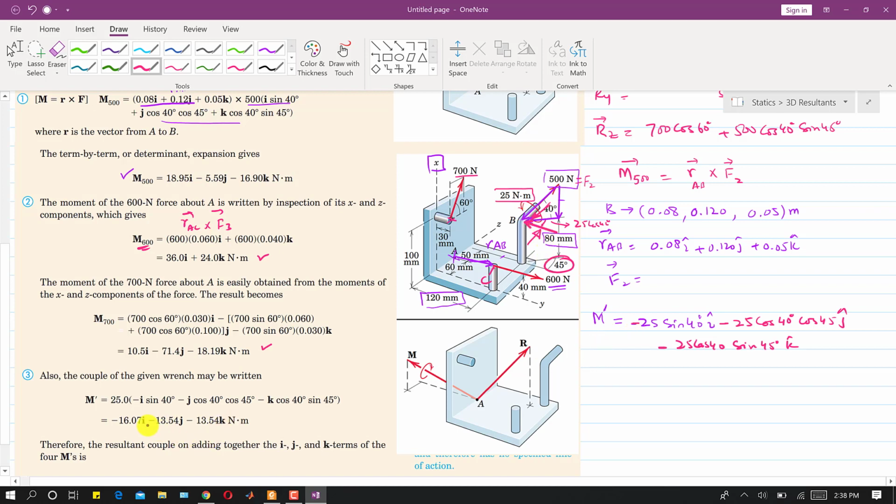So when we solve this, we get minus 16.07 i, minus 13.54 j, and minus 13.54 k. If we want to find the resultant couple, we will add the x components.